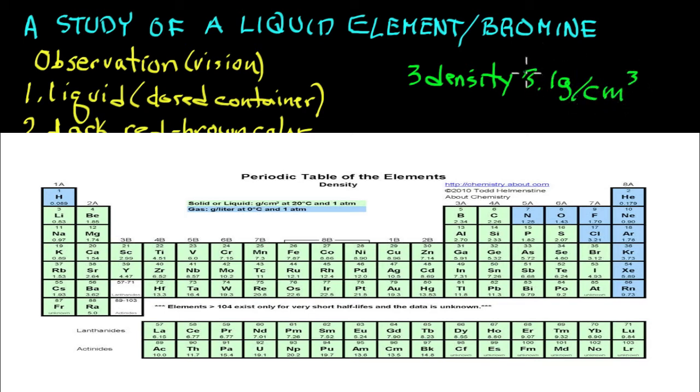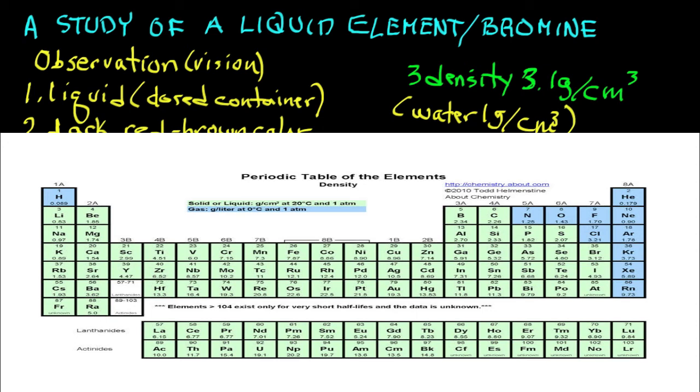Now, you could say, what does that mean? Well, we could look at comparative densities. You can think of water as 1 gram per cubic centimeter. So it's about 3 times the density of liquid water. So it's a dense liquid.